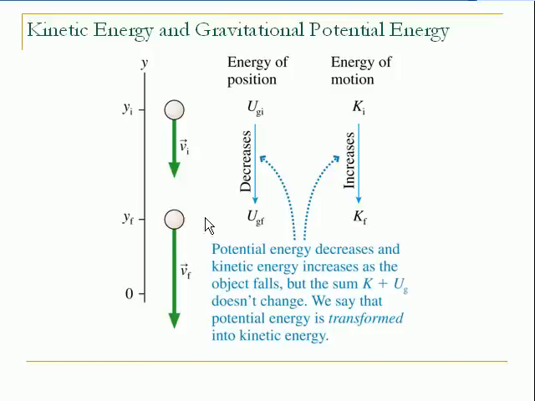And so clearly the object will be faster here, and now the energy is stored or shown as kinetic energy. So in a situation where you have an isolated system of a free-falling object, the gravitational potential energy is going to decrease, but the kinetic energy increases. At any point in time, if you were to add these two together, the gravitational potential plus the kinetic, you should get the same sum. You should get the same total energy.